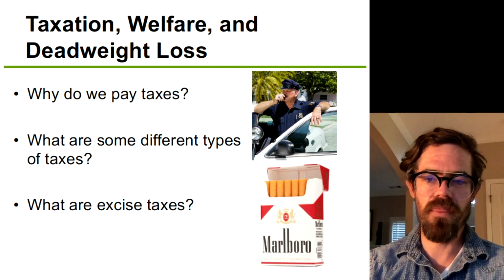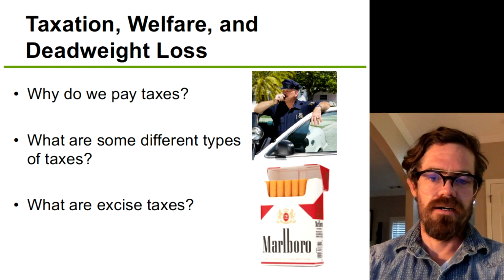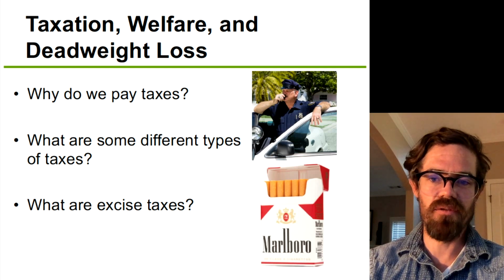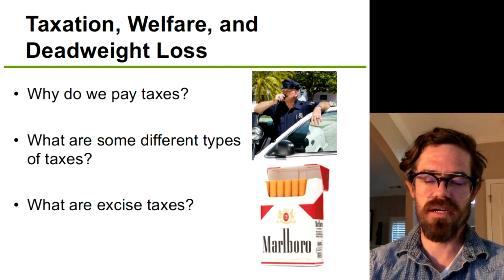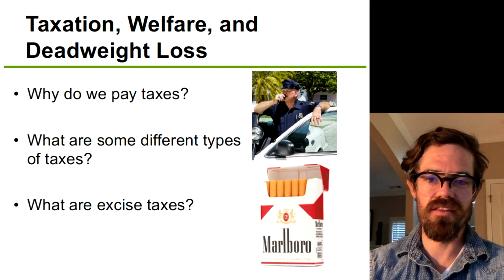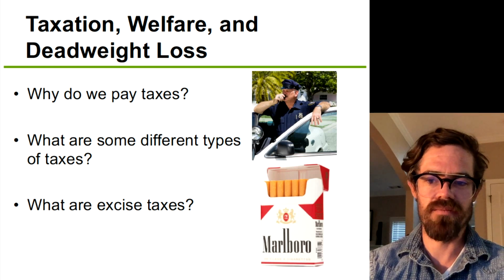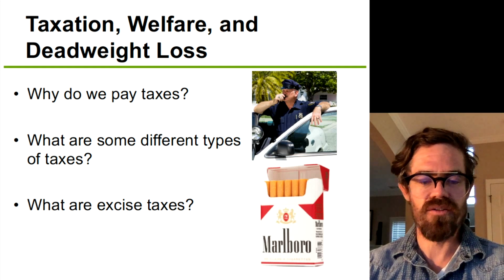Things that the public sector generally will not provide, simply because they are public goods, and those public goods lack the incentive for profitability. So we can't expect the public sector to provide these types of things. So that's why we pay taxes, so that the government can provide them for us, because we as a society have deemed them either necessary or desirable.